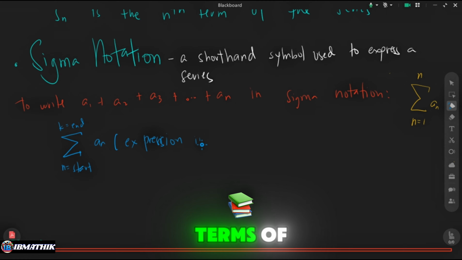Now, let's have the third term, which is the infinite series. This series continues without an end. For the finite series, there is an end. For infinite, without an end. So for example, let's say 1 plus 1/2 plus 1/4 plus 1/8 plus the ellipsis.